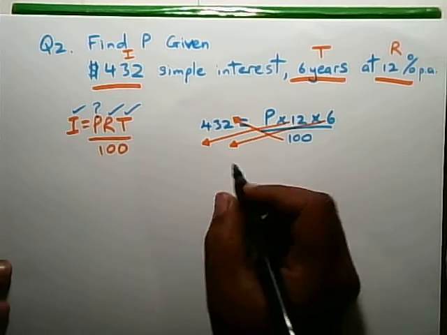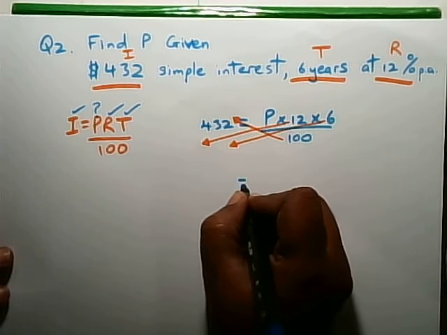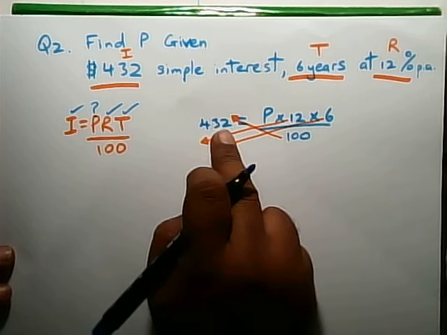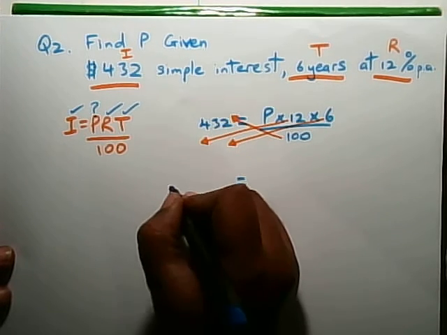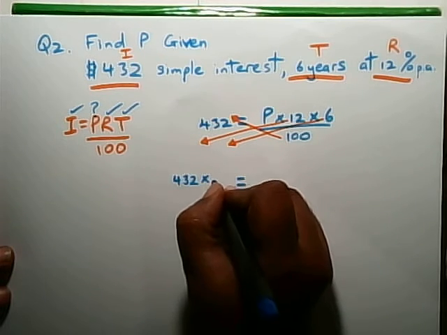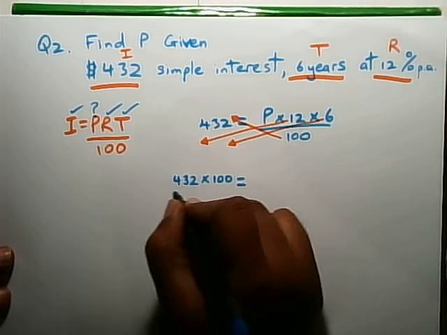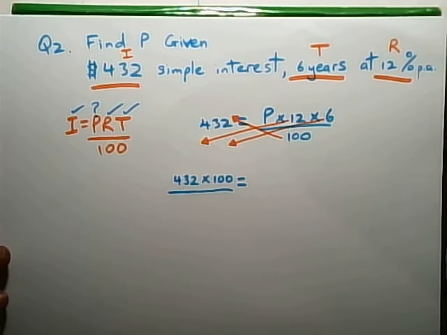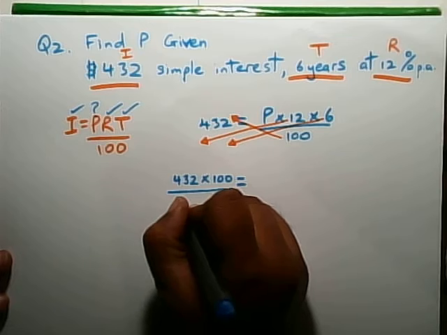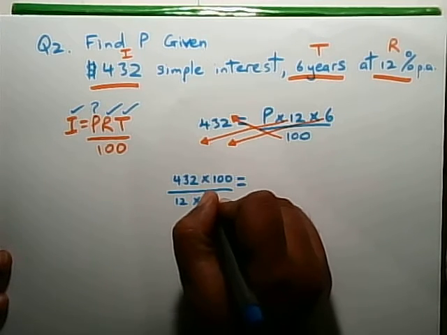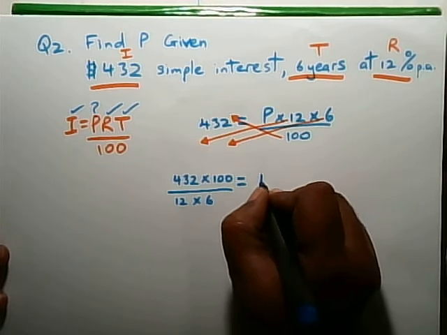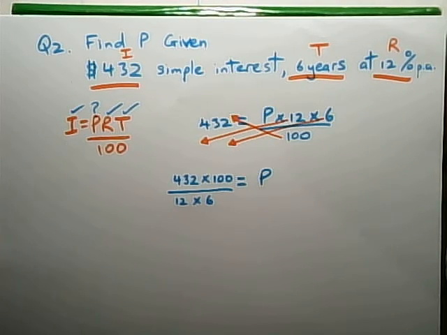Let's rewrite this now. We start with the equal sign first. That 100 comes up here, so it's 432 times 100 upstairs. Downstairs we have 12 times 6, and we have P alone on this side.